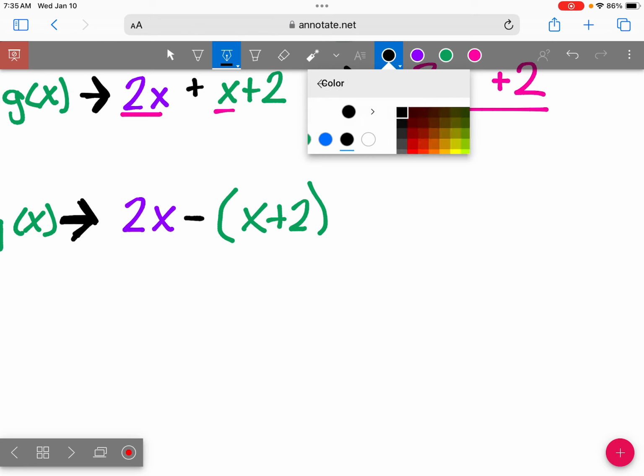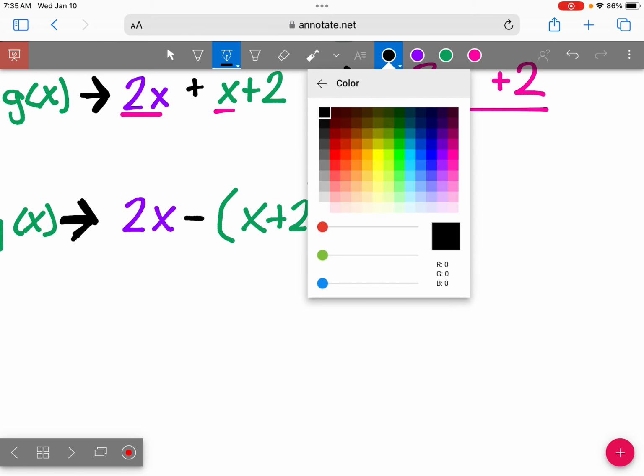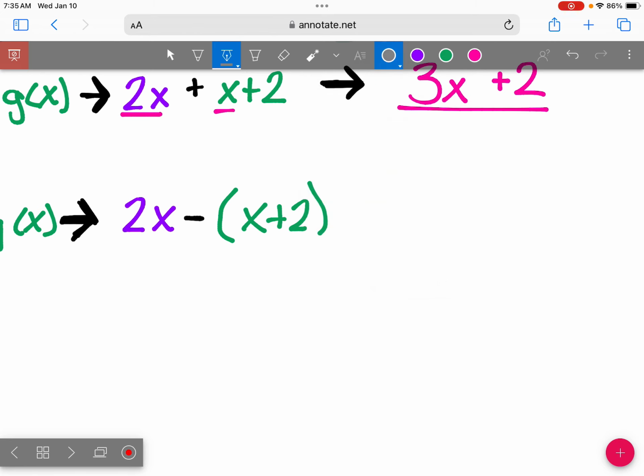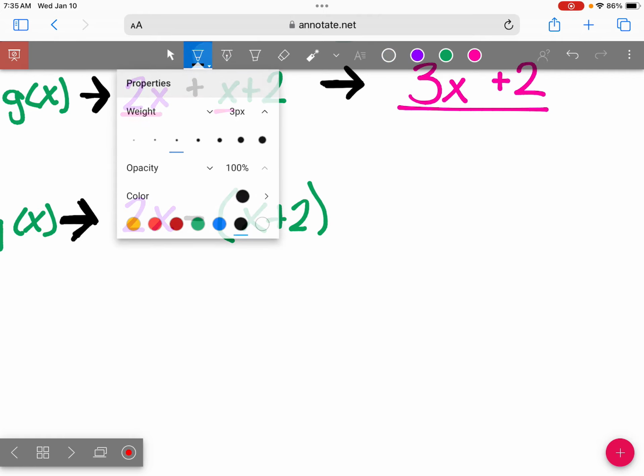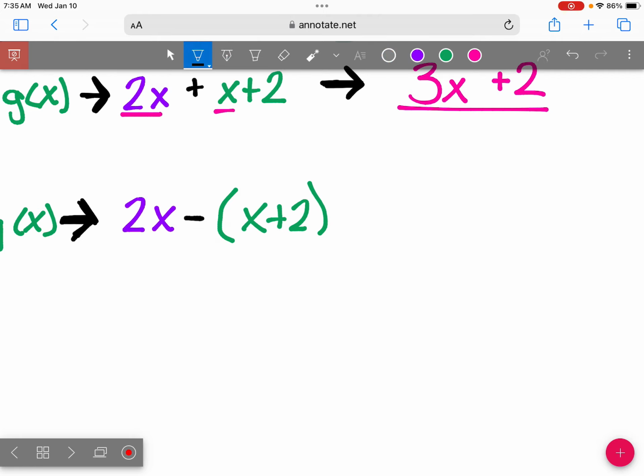So before we get too far into an answer, what do I need to do to simplify this? Distribute that minus sign. I need to distribute this minus sign. So what we really have here is 2x minus x minus 2.